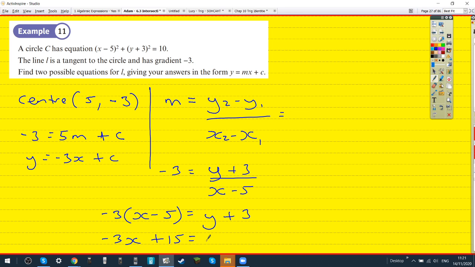And then you minus 3 on both sides, which gives you -3x plus 12 equals y. So we know that y equals -3x plus 12.